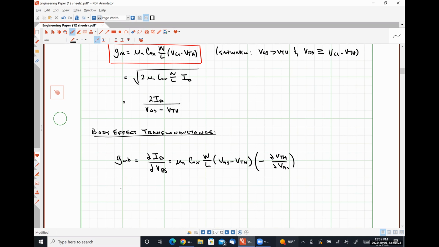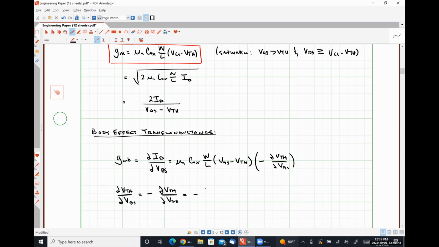If we were to take the partial derivative of our threshold voltage with respect to our body source voltage, and recognizing that this is just negative of the partial derivative of our threshold voltage with respect to our source body voltage, effectively I can change my subscript by including a negative sign.